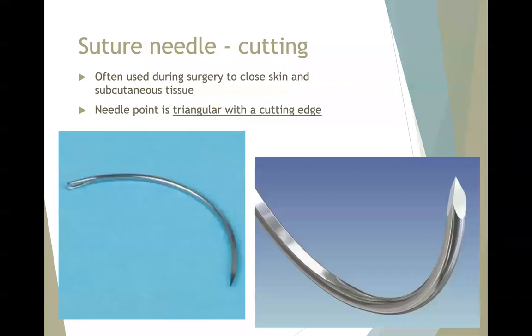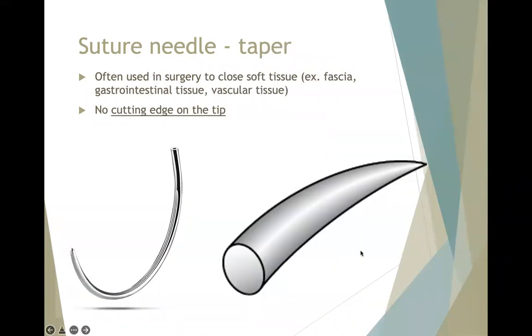So we don't need a heavy duty cutting suture needle when suturing closed soft tissue in our patient, but we will need it if we're suturing an organ closed or tough muscle layers and subcutaneous layers as well. Versus our taper, we're going to use this for soft tissue like vascular tissue, maybe gastrointestinal tissue. So on the intestines, large intestines, colon, stomach, even in the fascia.